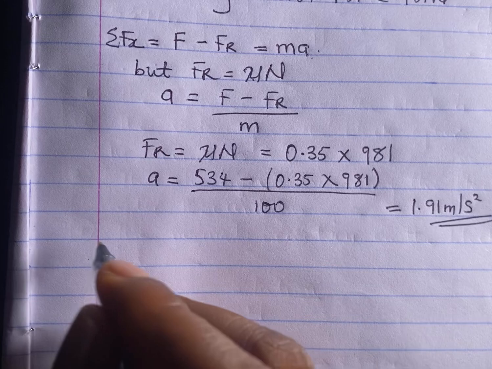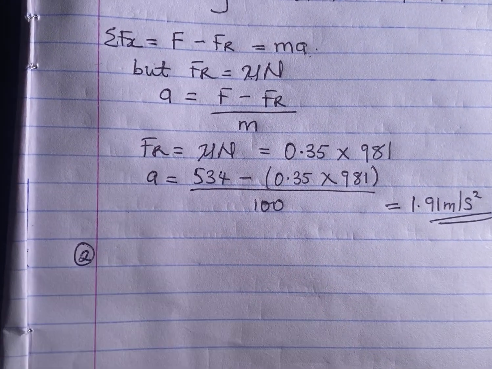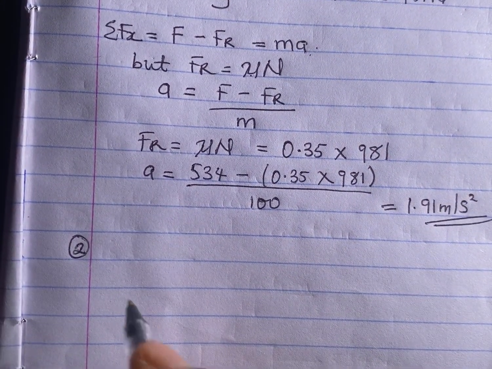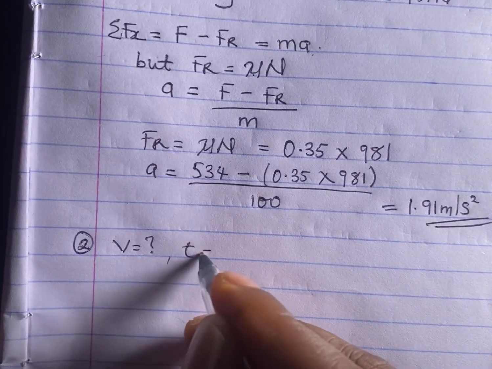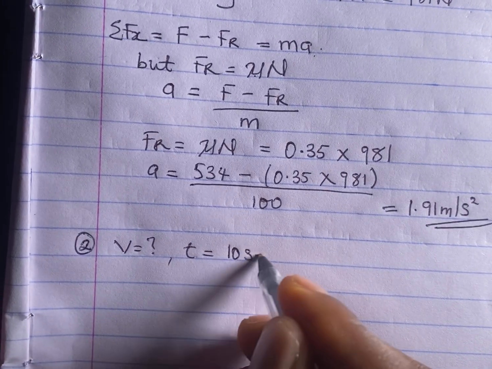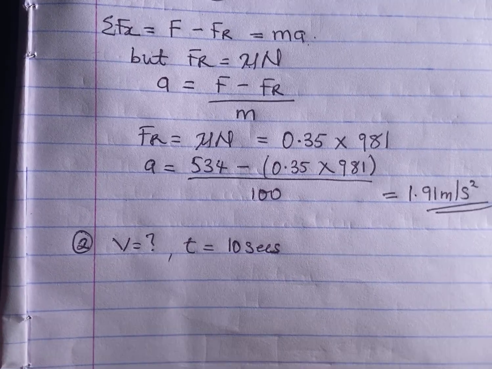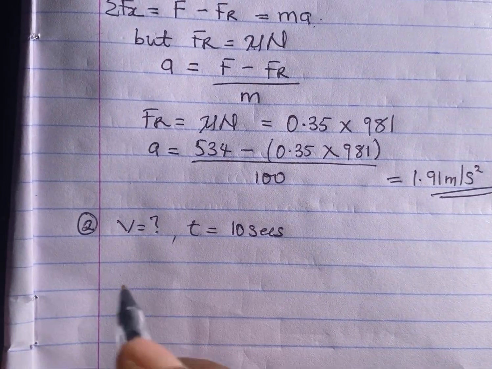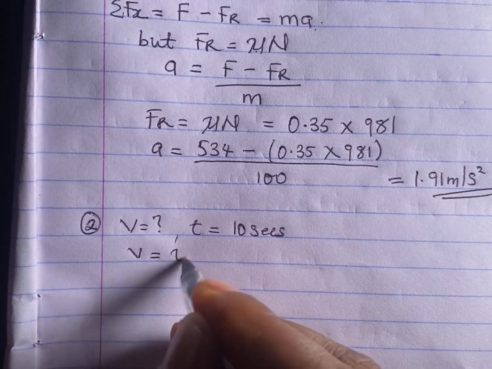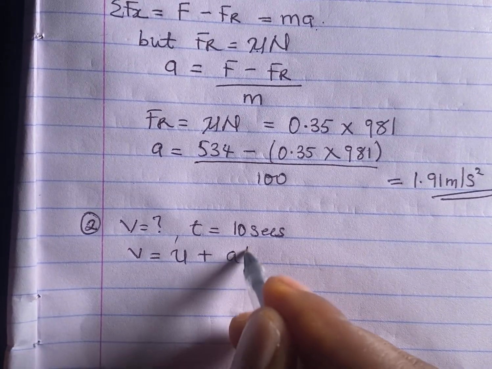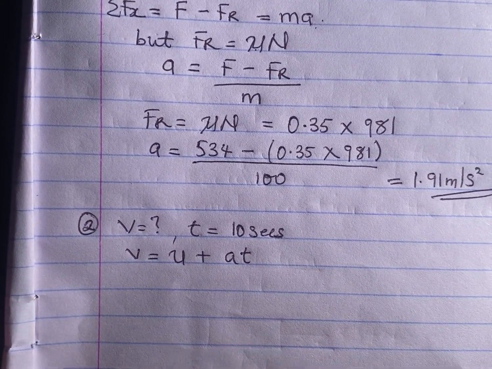So question 2: find V when t is equal to 10 seconds. All right. So you remember the equations of motion. V is equal to u plus at. I hope you still remember this equation.